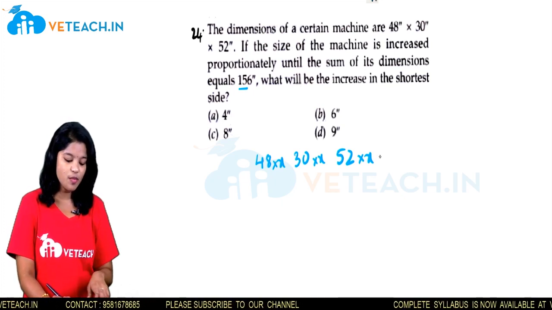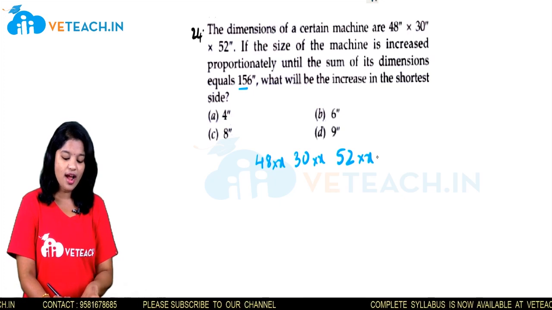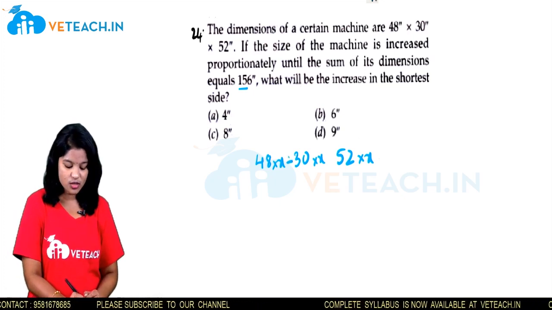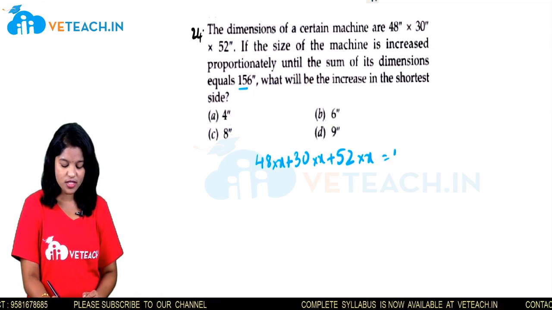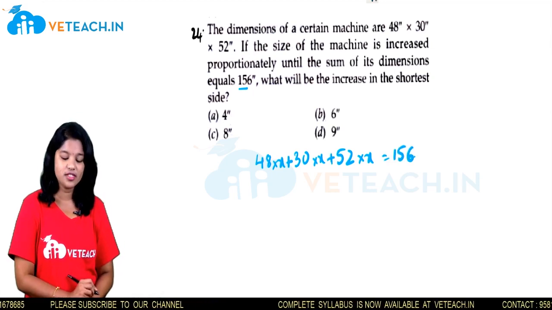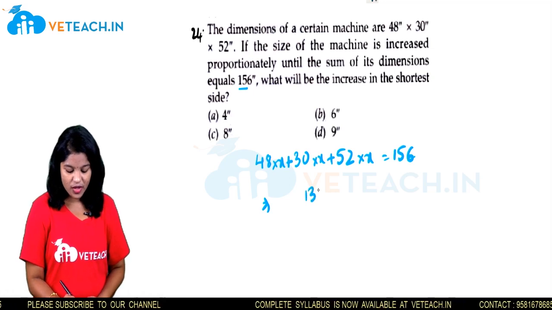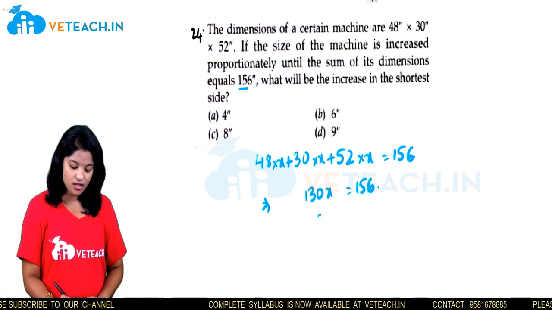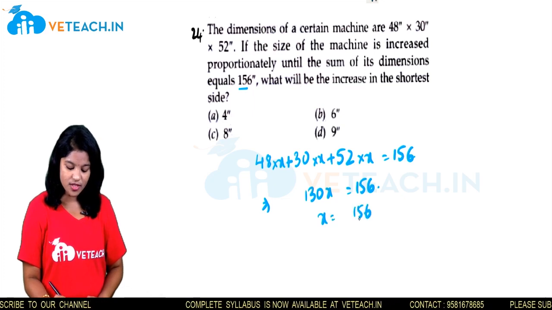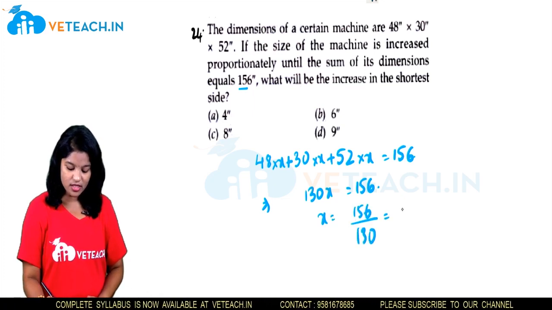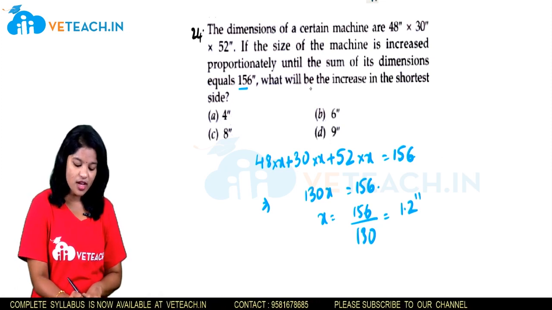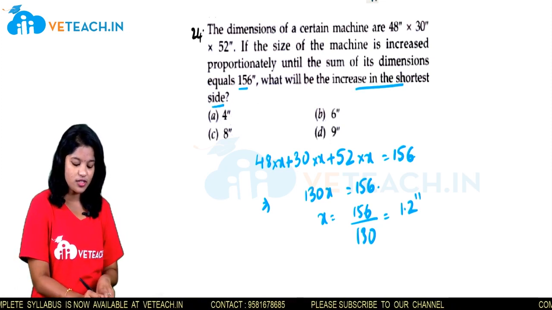Now the size of the machine is increased proportionally until the sum of the dimensions is equal to 156. So the sum of these dimensions, that is 130x, is equal to 156. Now x is equal to 156 by 130, that is equal to 1.2. Now they have asked to find the increase in the shortest side.